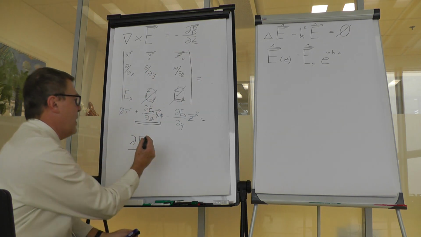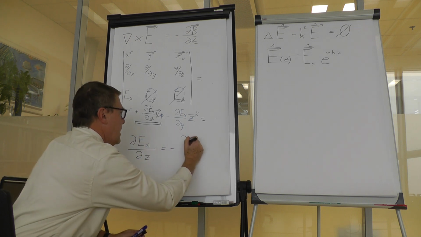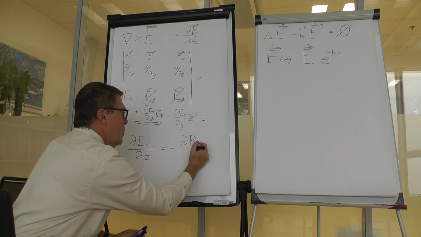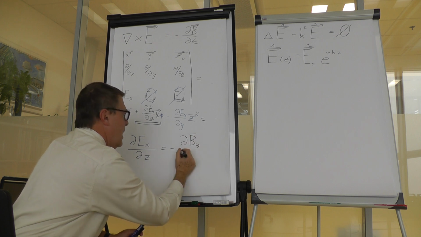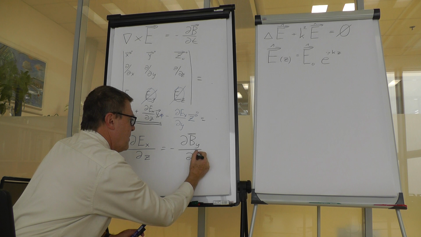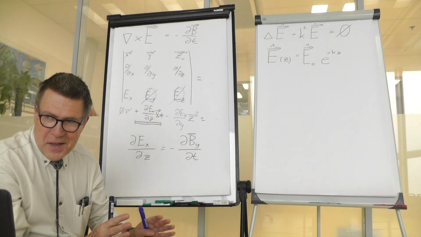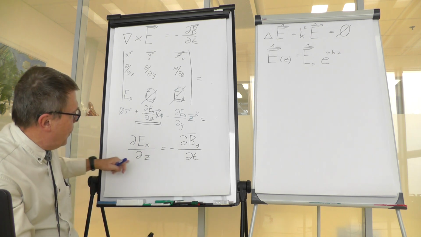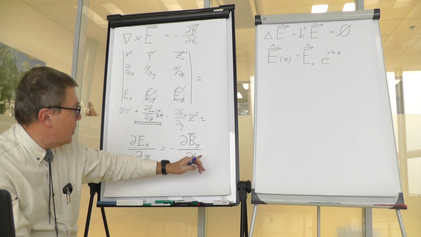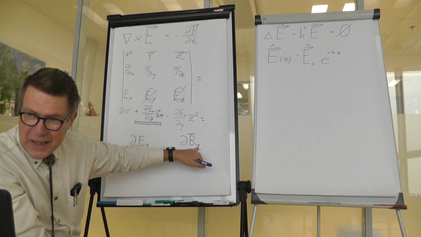So what we can write here now is that this is minus a derivative of By against time. Now we have used vector algebra, but now we have only a scalar equation that connects an Ex and By component.